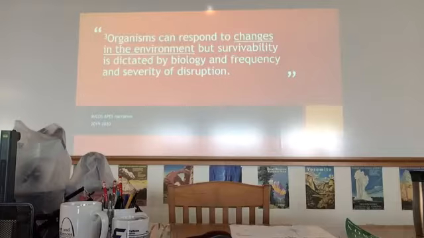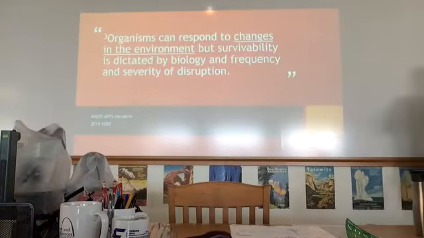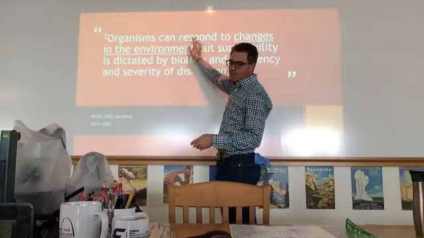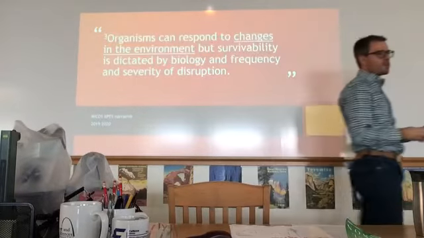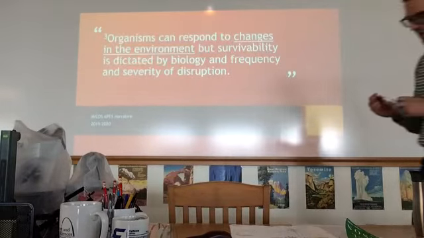So we need to understand what changes in the environment look like, and have a firm understanding of how to characterize change in the environment, because the secondary piece of the statement is that survivability is dictated by biological things we're yet to study, and the frequency and severity of disruption. We're going to pair the second part of the statement, but we're really going to focus most of our work with this underlined part. Does this make sense?